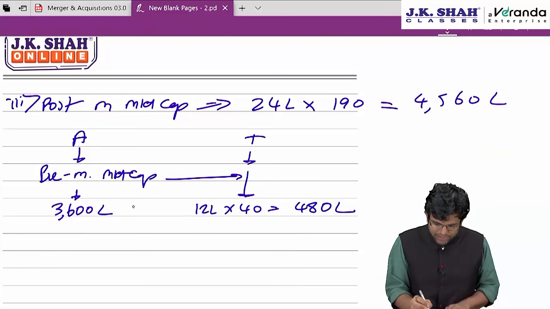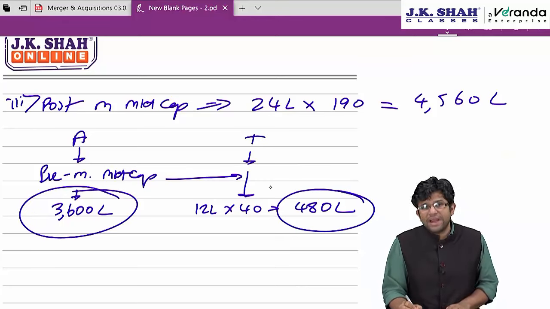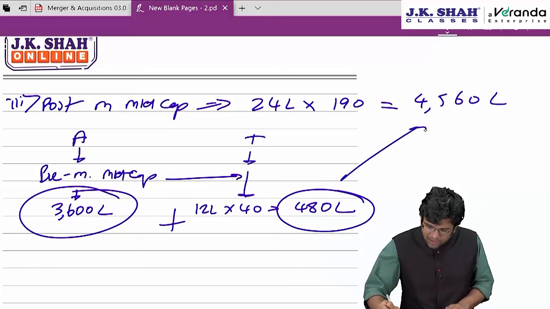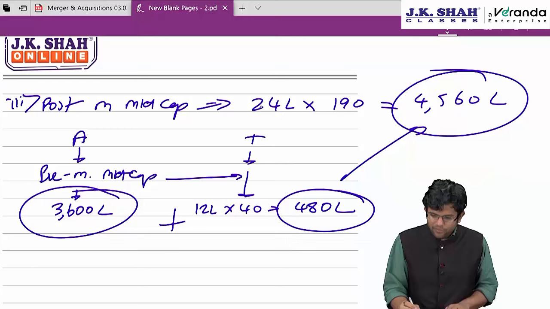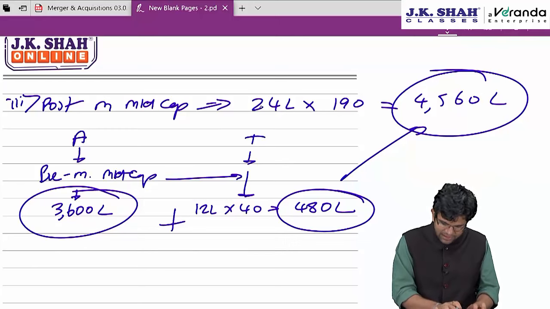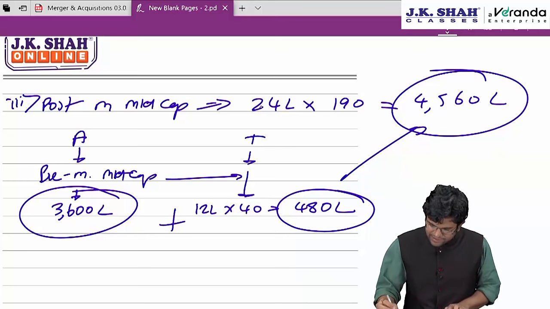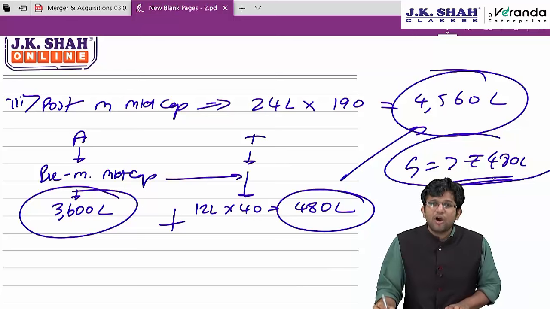So can you see, students, a company worth 3,600 lakh and a company worth 480 lakh, when they come together, form a company worth 4,560 lakh. The gain on acquisition therefore is 4,560 lakh minus 3,600 minus 480. Can I say there is a gain of rupees 480 lakhs on acquisition?